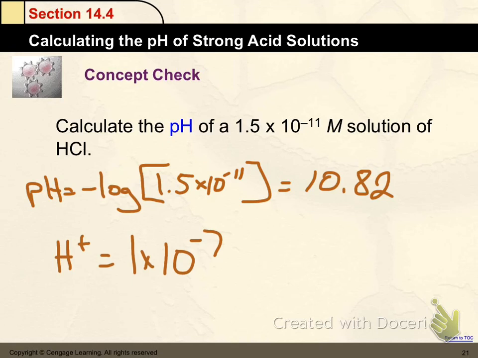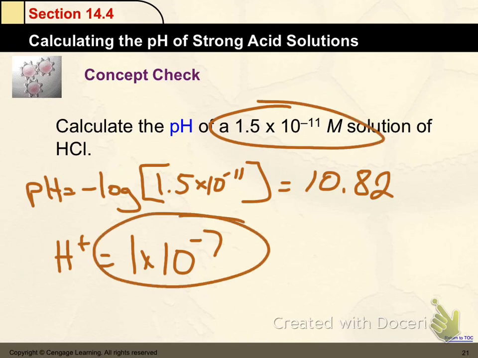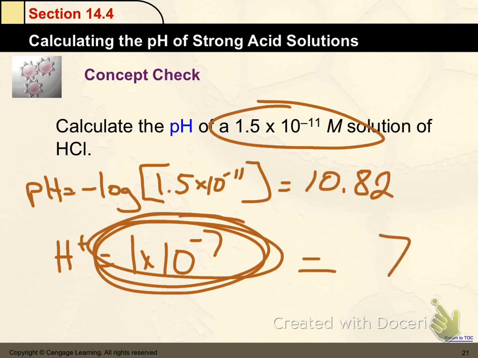So when we're trying to find pH, we do not use this number, we use this number. And if I take the negative log of this number right here, my pH is going to equal 7. So that's why it's important to understand the major species. We want to know what's in abundance. The hydrogen ions from the HCl are in such low concentration that they don't affect our pH. Okay, that's 14.4.